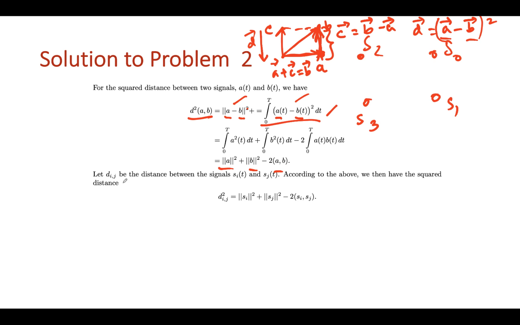Basically, any d_ij between a signal Si and Sj can be written in this form, and we need to calculate that for these four signals. We need to calculate d12, d13, d23, etc. in this form.